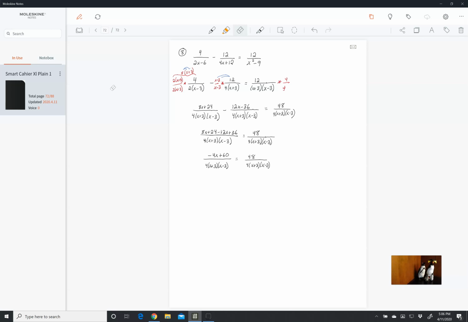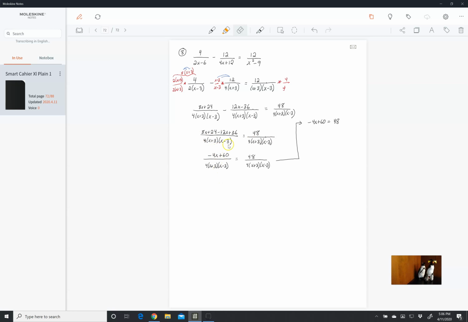And just for the purposes of room, I'm going to bring this up here. We can ignore the denominators and set the numerators equal to each other. You can skip this step in the middle here. You cannot skip both steps. You have to do at least one of them.